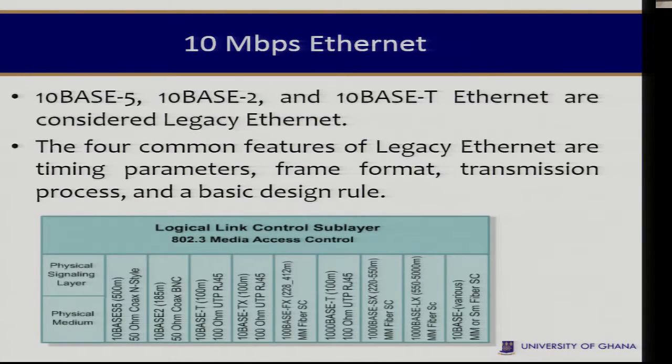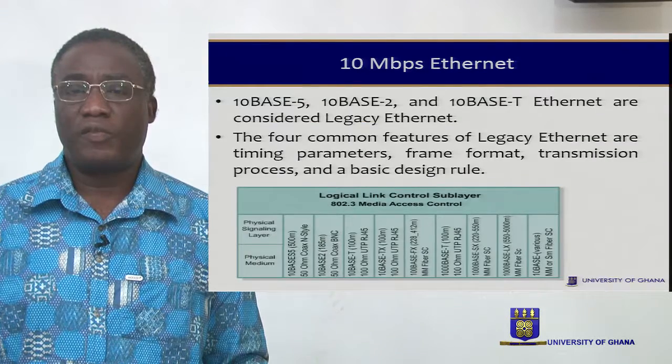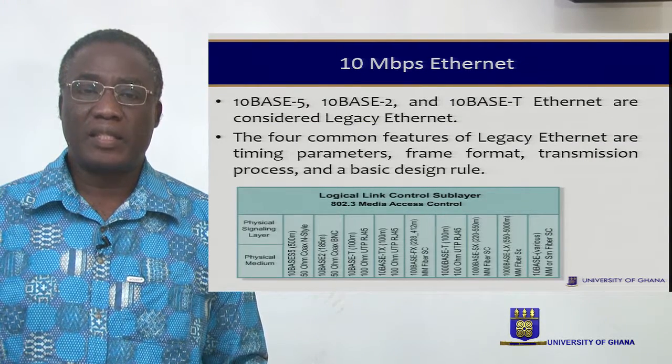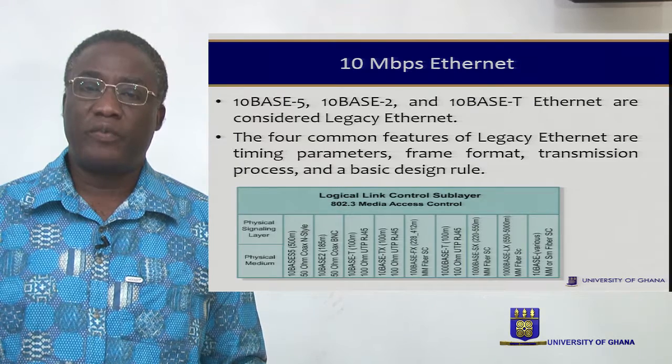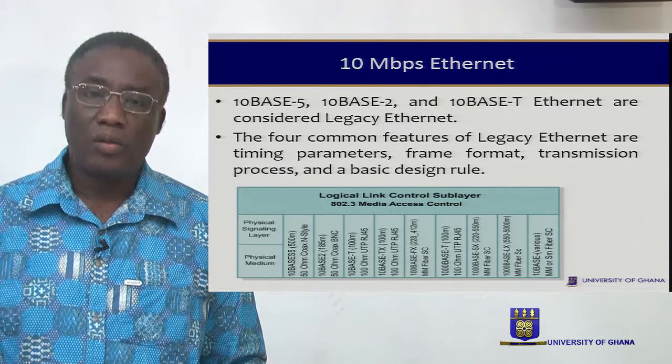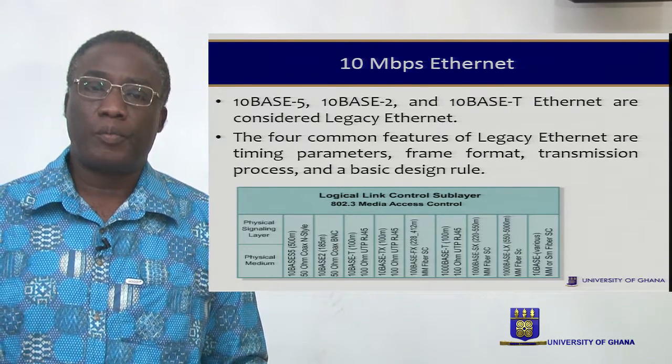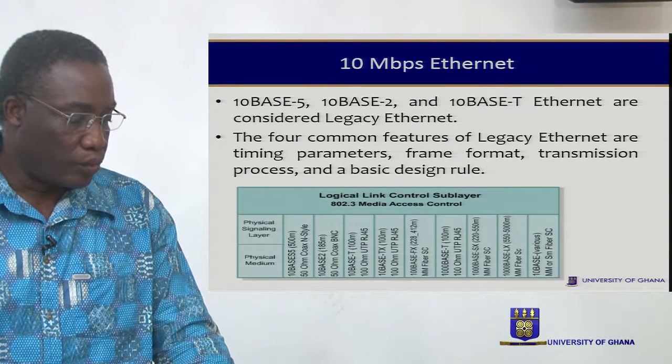Right. The 10-base-5, 10-base-2, and 10-base-T are considered to be what? Legacy Ethernet. They were the original forms of Ethernet that were used. The 4 common features of legacy Ethernet are the timing parameters, frame format, transmission process, and a basic design rule.